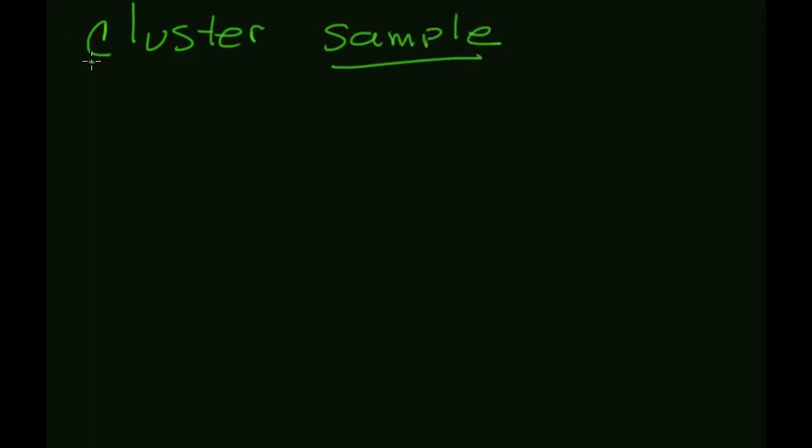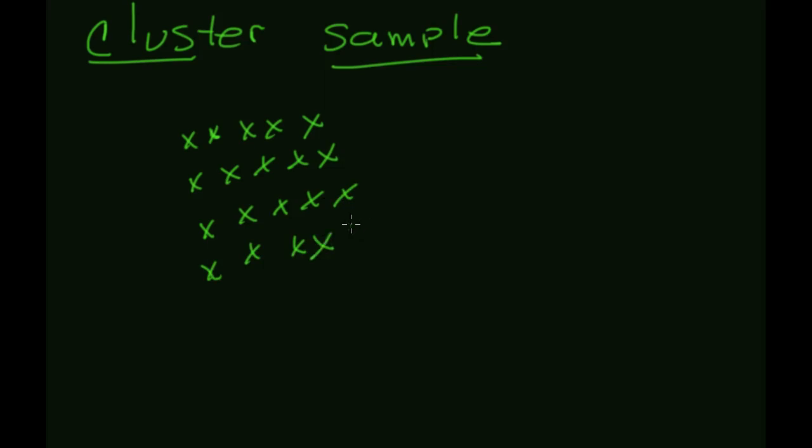Okay, last group I'm working with here is what is called a cluster sample. In a cluster sample, again, you're taking parts of the population. You're taking the whole population. So here is the whole population. So we're going to create 25 people again. And this time you're going to break them into subgroups again.